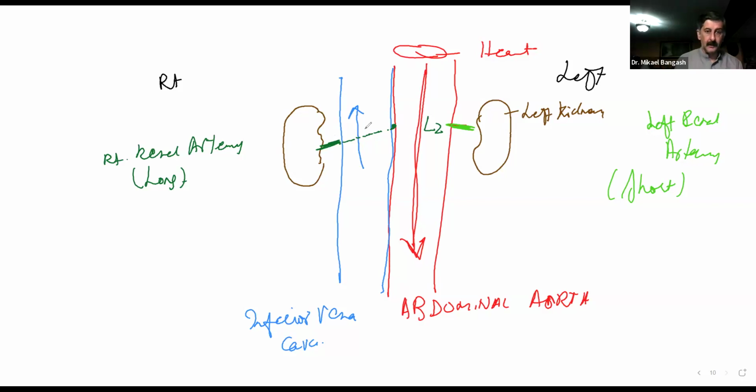But please keep in mind, guys, the right renal artery is going to be running posteriorly to the inferior vena cava. Did you guys get that?